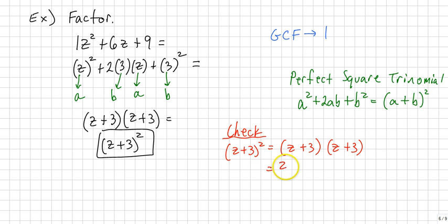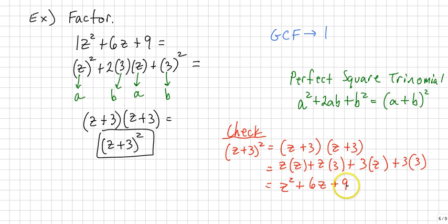We'll multiply these together: z times z plus z times 3 plus 3 times z plus 3 times 3. And we'll get z squared plus 6z plus 9, which is exactly what we started with. So that would be the correct way to factor. We took this polynomial and wrote it as the product of two other polynomials, in this case z plus 3 squared.